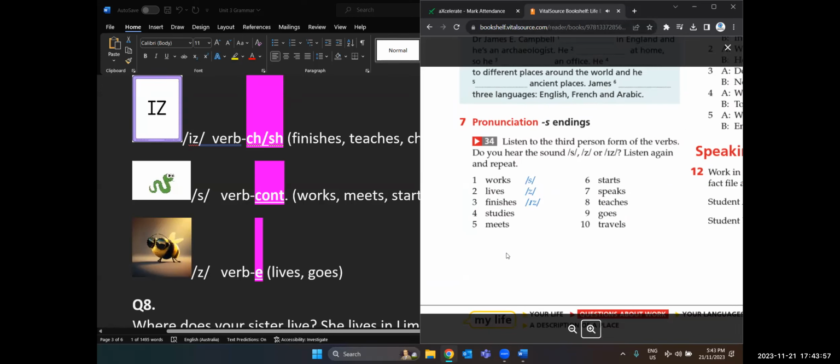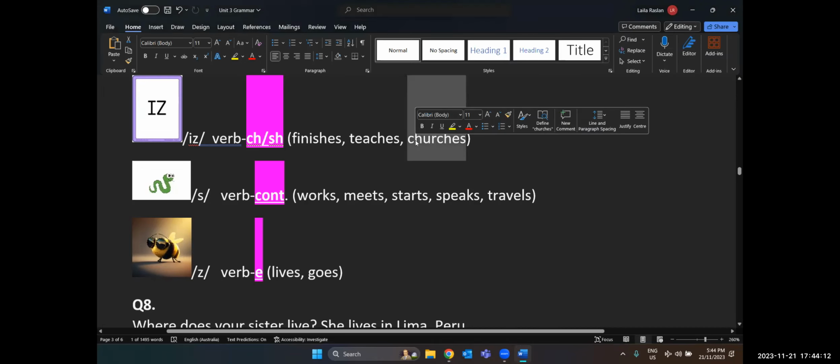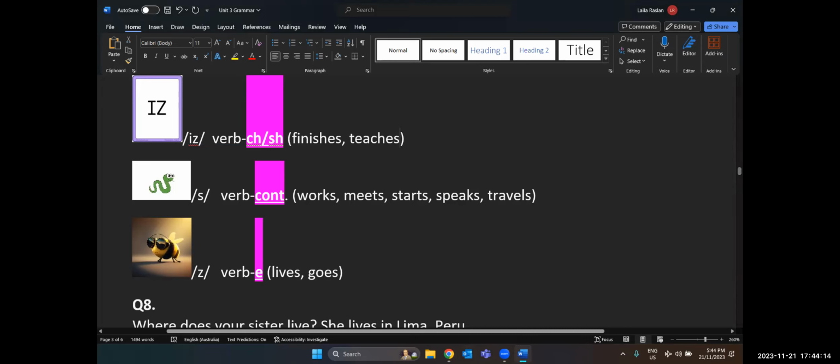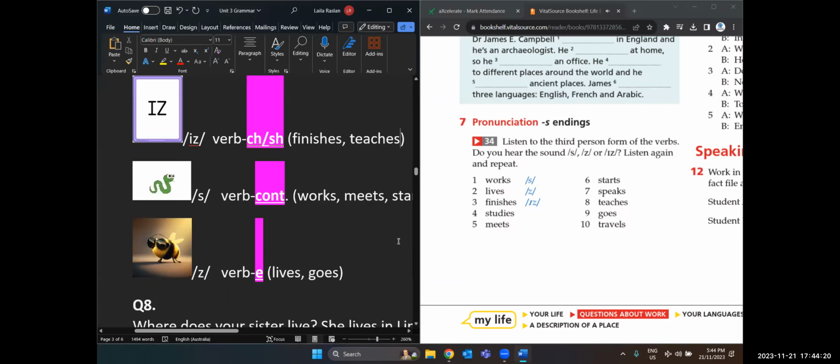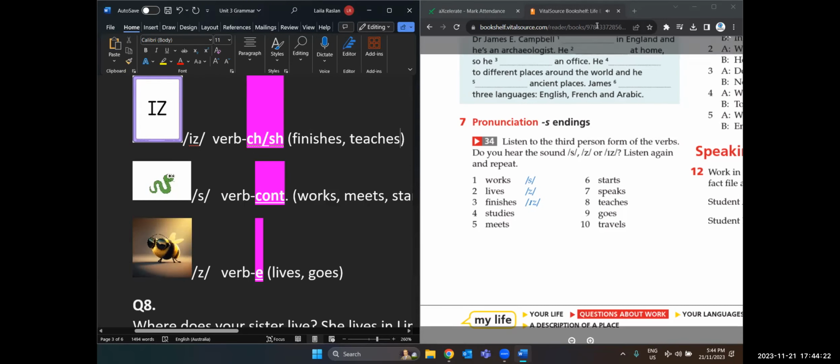Studies. 5. Meets. 6. Starts. 7. Speaks. 8. Teaches. 9. Goes. 10. Travels.